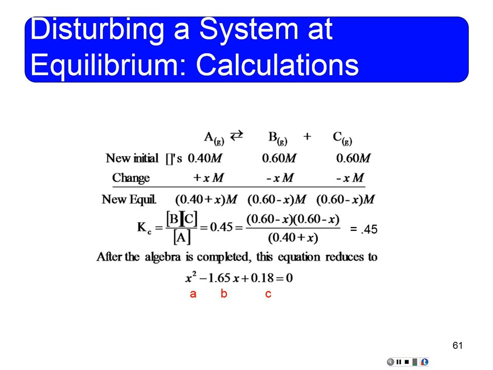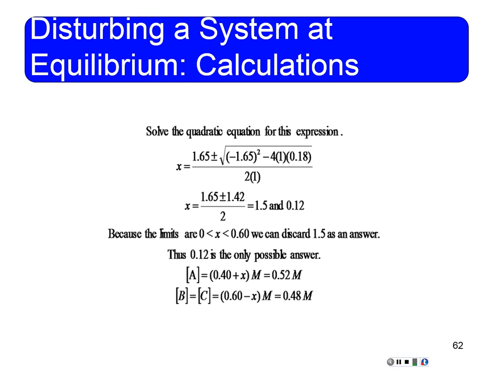So it has to be less than 0.60, because we can't lose more than what we have. That defies the law of conservation of mass and matter. So that's where that 0.60 comes from. If it's bigger than that, it can't be, because it can't lose more than what you have to begin with. That makes sense?